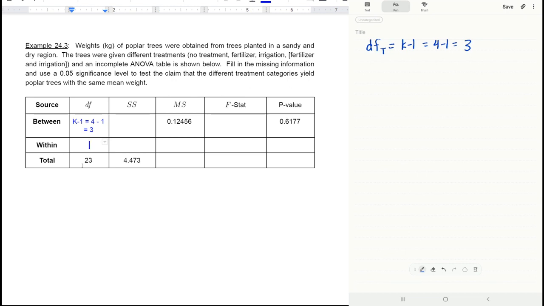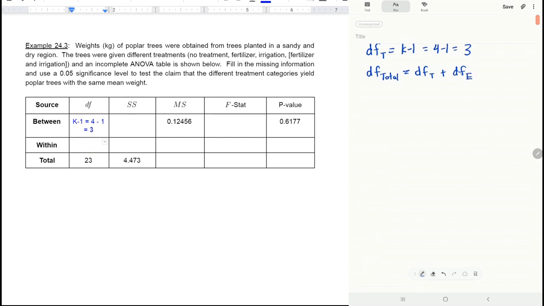So now we can calculate the error degrees of freedom because we know the total degrees of freedom and the treatment degrees of freedom, right? We know that the total degrees of freedom is the treatment degrees of freedom plus the error degrees of freedom.